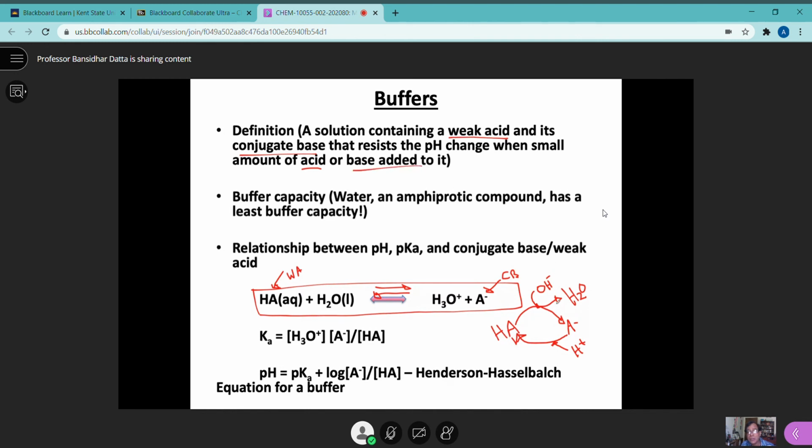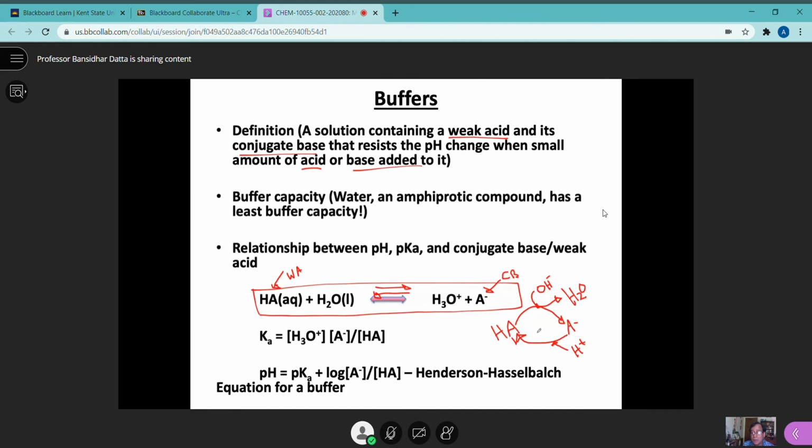How does it do it? OH minus converts to H2O, creating A minus. When you add a small amount of acid, A minus converts to HA. By going back and forth, it maintains a proper pH inside the cells, inside the blood, or any kind of solution you talk about.